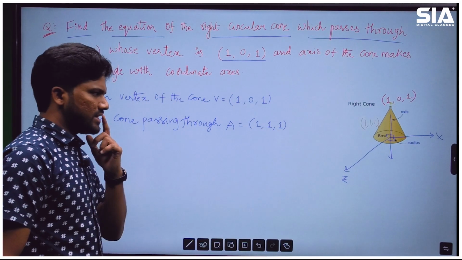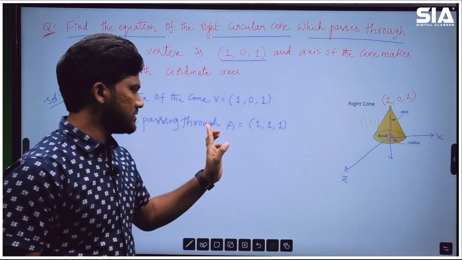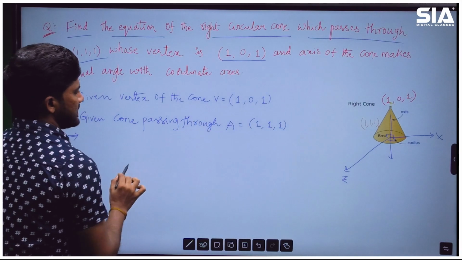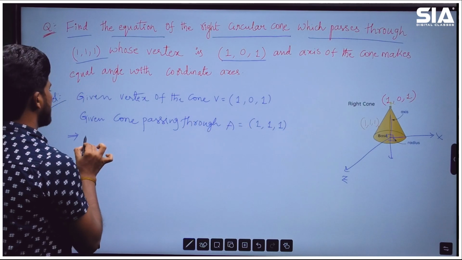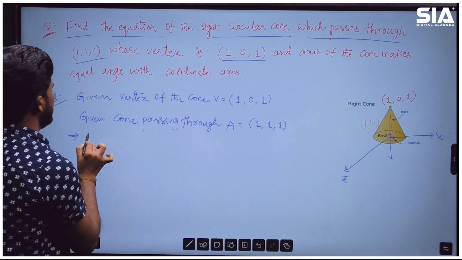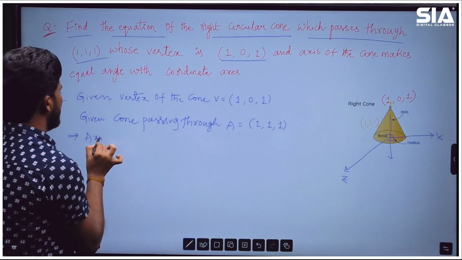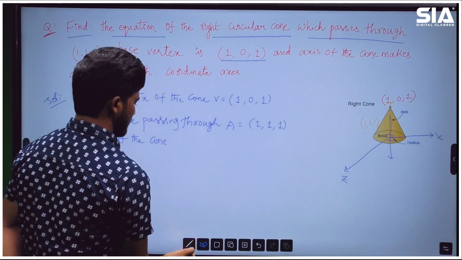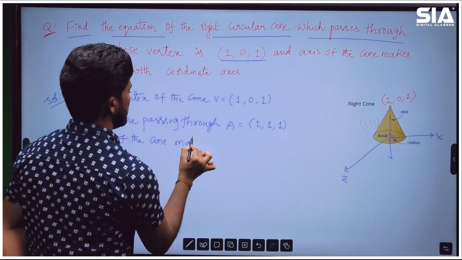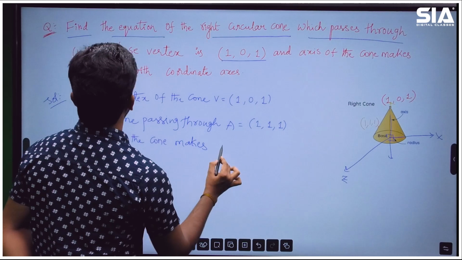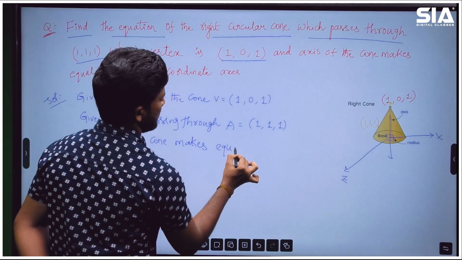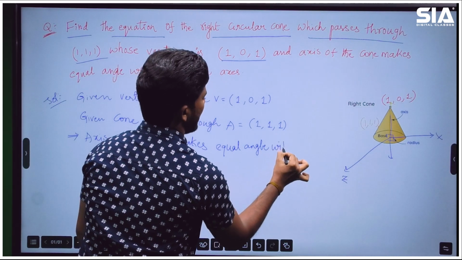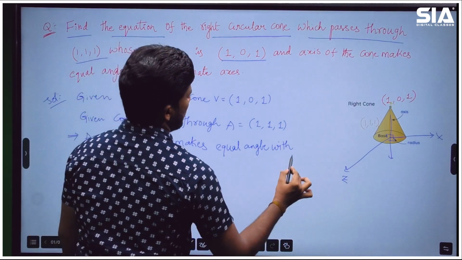The required right circular cone is passing through this point, so then we can understand the direction ratios. And one more given is that the axis of the cone makes equal angle with the coordinate axis.